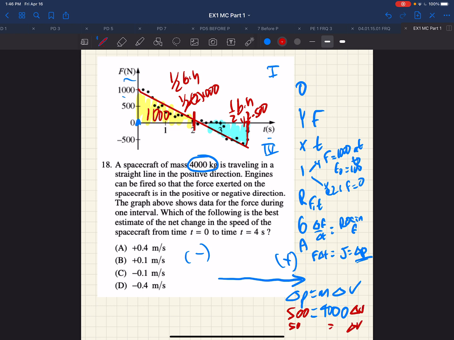Delta V then is 500 over 4,000. 5/40 is about 1/8.